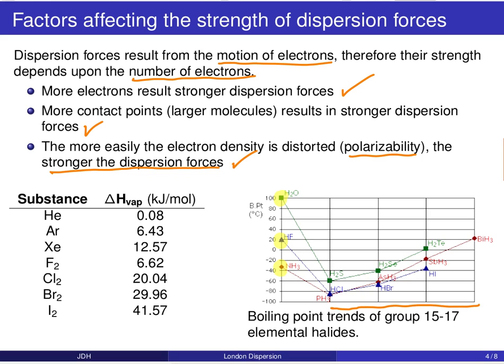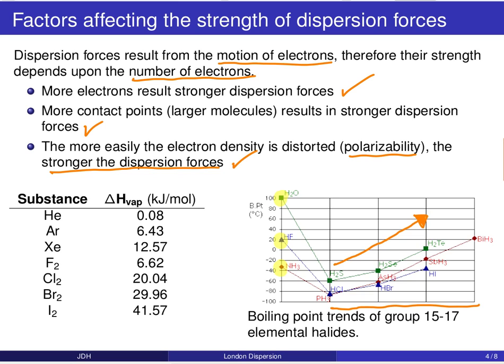But now, if we turn our attention over here to the right-hand portion of the plot, what we see is that as we move from left to right to these heavier elements, right, elements that are larger, have more electrons, what we end up seeing is a steady increase in boiling point.